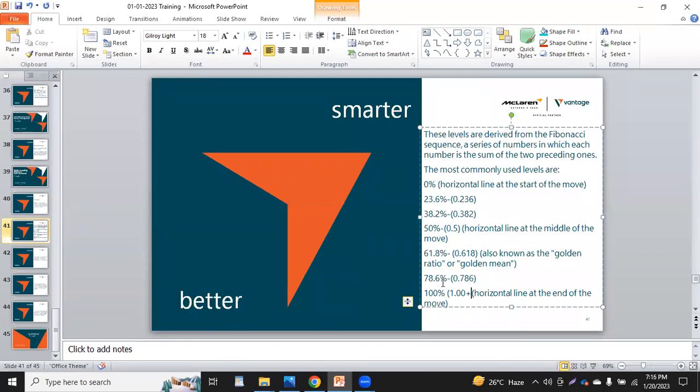And the reason for that is if you concentrate on a small number of pairs, you are able to understand how they move.